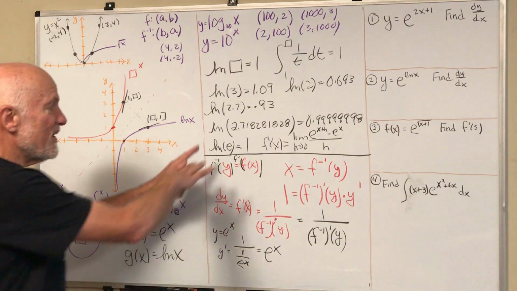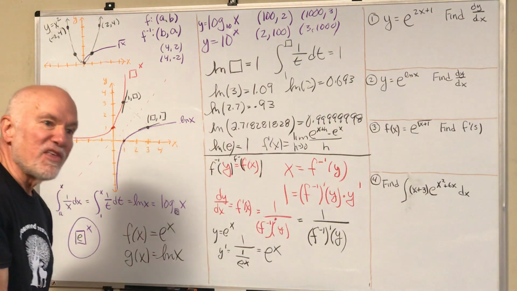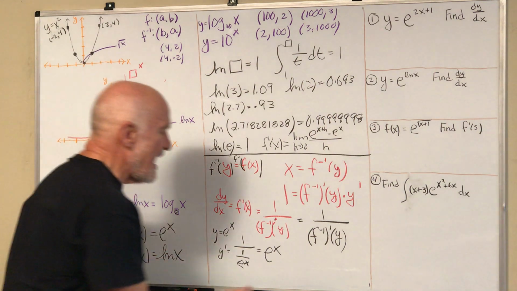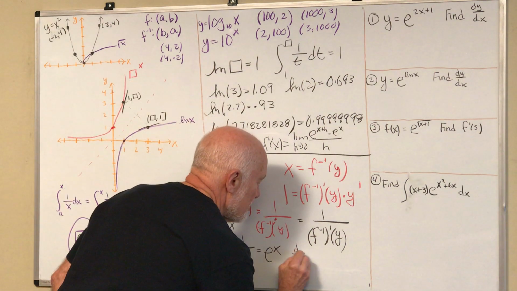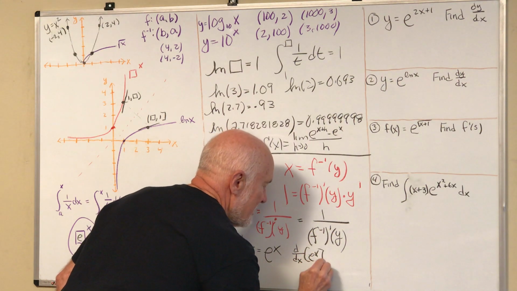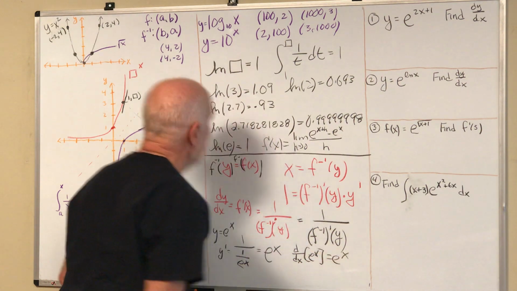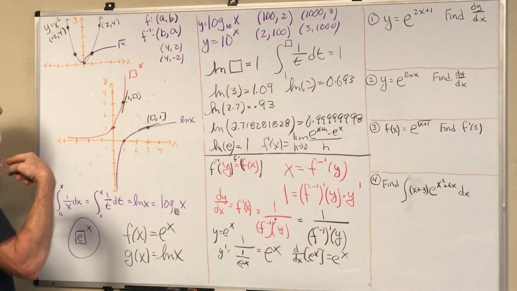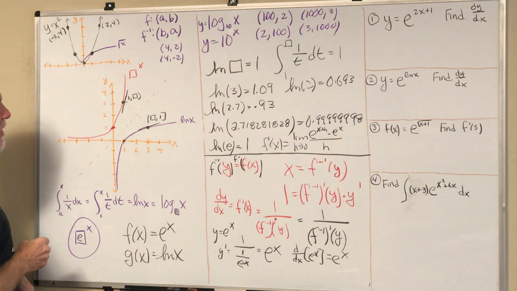It's a little bit complicated here to derive this, but it's a wonderful outcome. We now know that the derivative of the function e to the x is e to the x. This function e to the x, its y value is the same thing as its slope at every point.